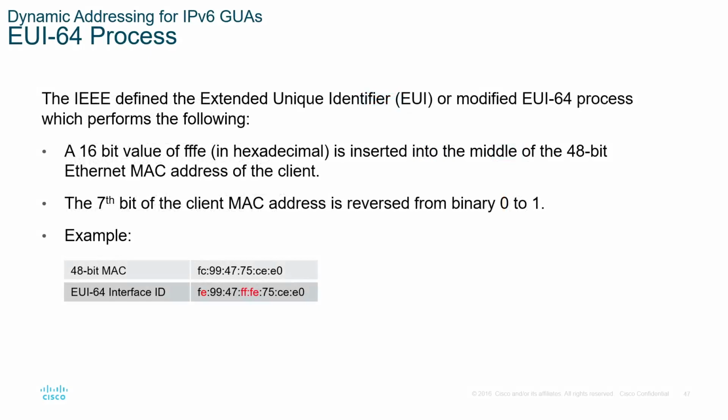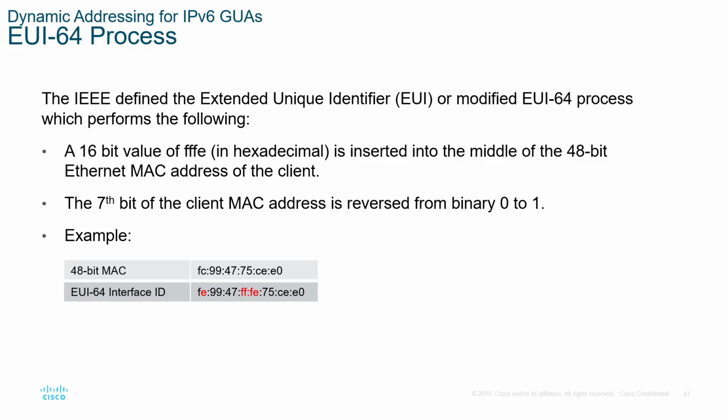Now, within the EUI-64 process, defined in the IEEE Extended Unique Identifier, the process is as follows. The 16-bit value of FFFE is inserted in the middle of the 48-bit Ethernet MAC address of the client.